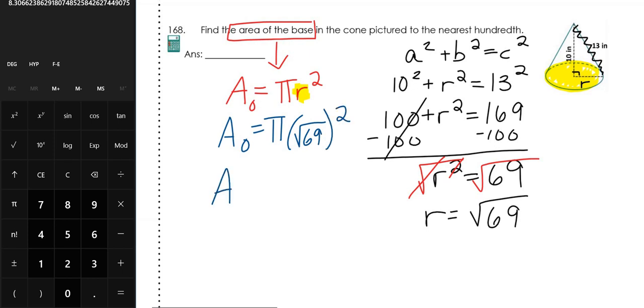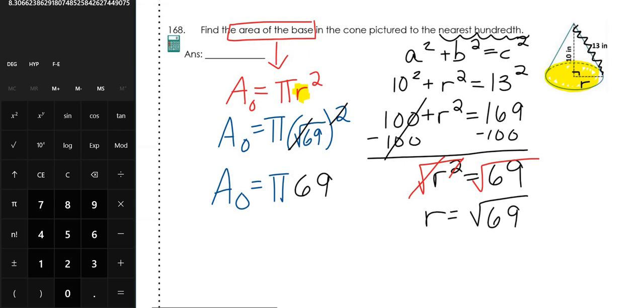Now if we start expanding, I'm going to bring down the pi. And you'll notice the square root and the square are going to cancel out. So now we just have 69 times pi. If they wanted the exact answer, it's 69 pi. But they wanted it to the nearest hundredth.